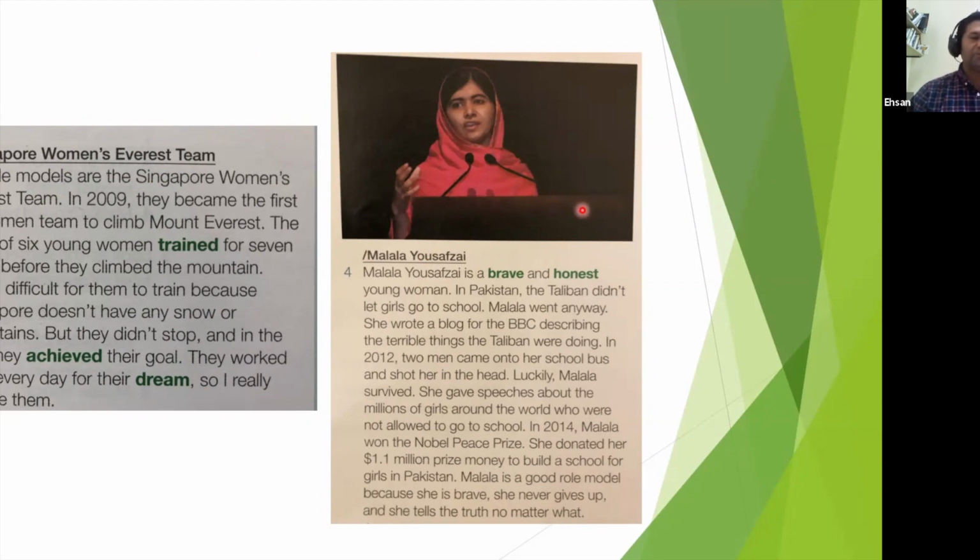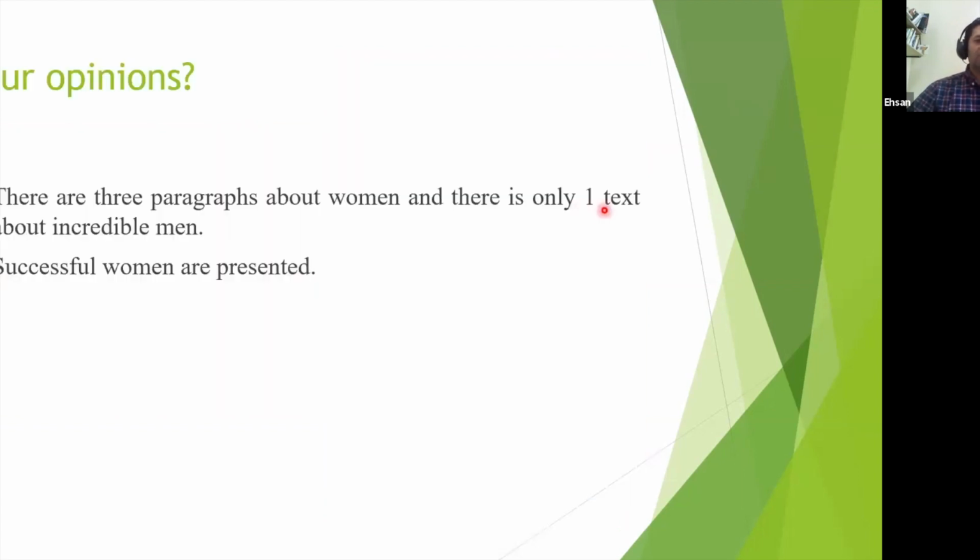But when we actually analyze these texts more thoroughly, we come to the conclusion that there are three paragraphs about women, and there is only one text about an incredible man. Successful women are presented.